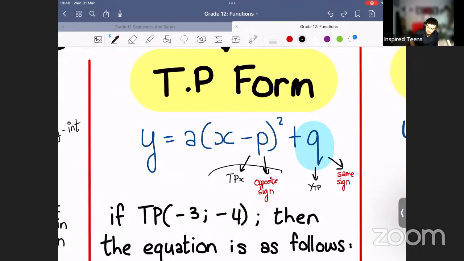It's the turning point x that we substitute into there, and it is the opposite sign. In the specific case, if it was minus p, the actual turning point would be p. And for q, because we use the same sign, we use positive q.